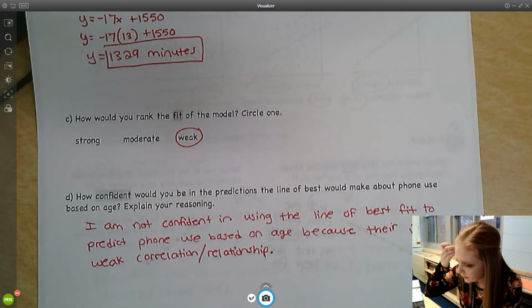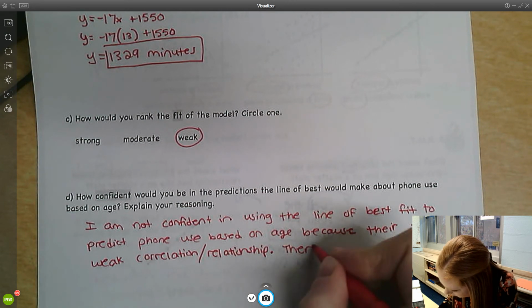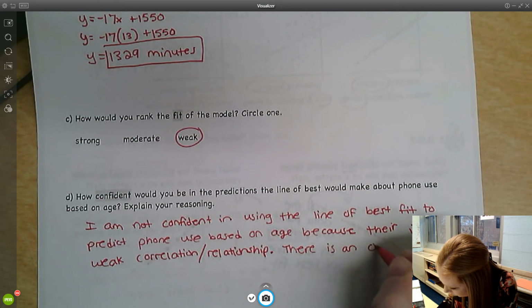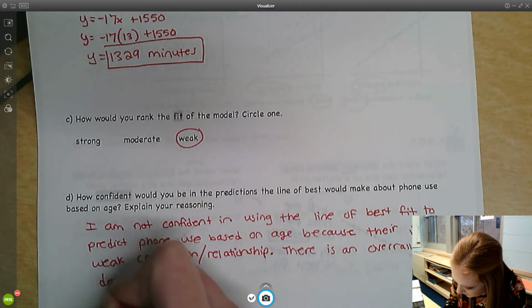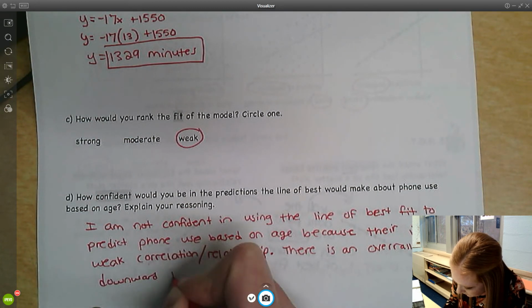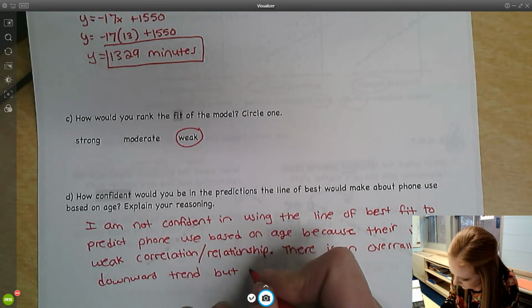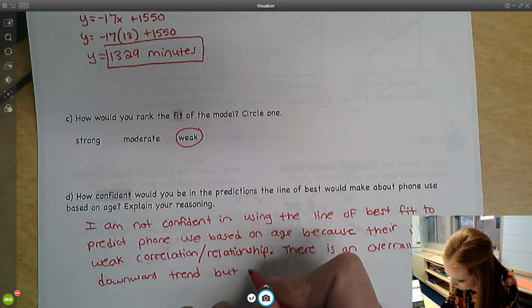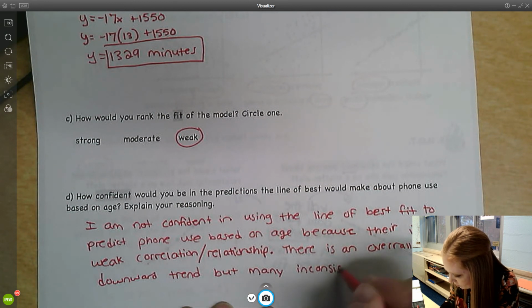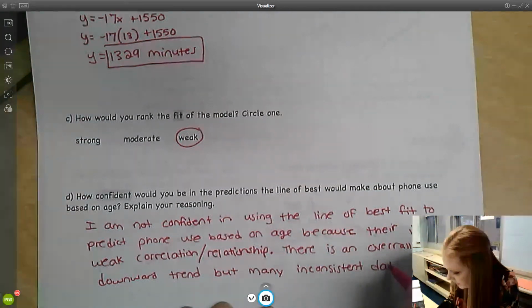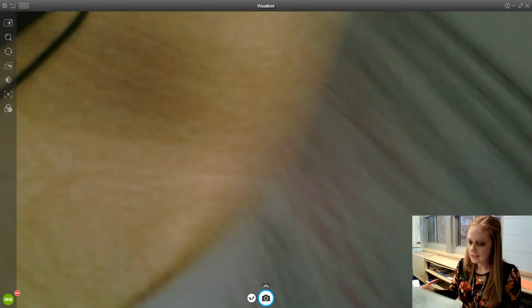Let's see, what else could we add? There is an overall downward trend, but many inconsistent data points. All right, there you go.